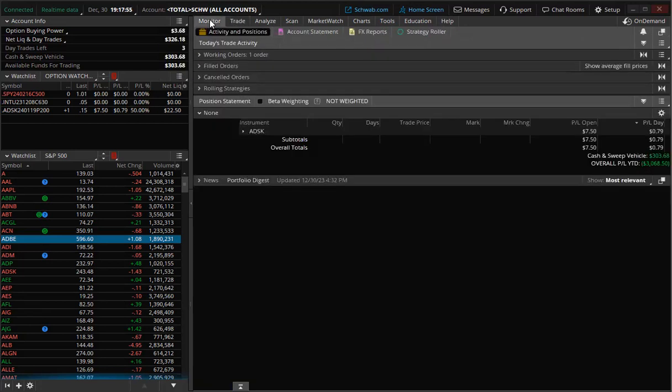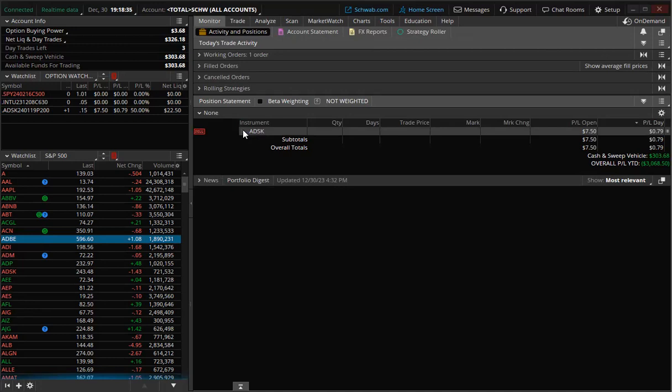Hit the monitor, and the monitor shows you, click on activity and position, and this is the area where you get to see all of your trades along with their profit and loss for the day and the profit and loss since you first opened and purchased.